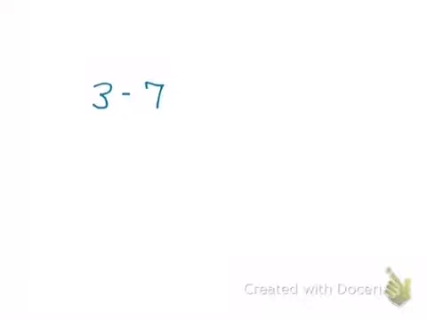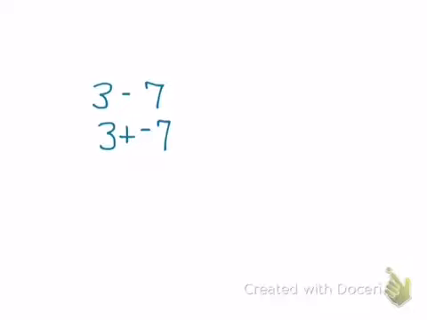So I have a positive 7 there, so I'm going to rewrite this problem as adding a negative 7. So one more time, in the first problem, subtracting a positive 7 has the same effect as the bottom problem. Subtracting a positive has the same effect as adding a negative. Change the subtraction to addition and change the sign of the number that comes right after it.